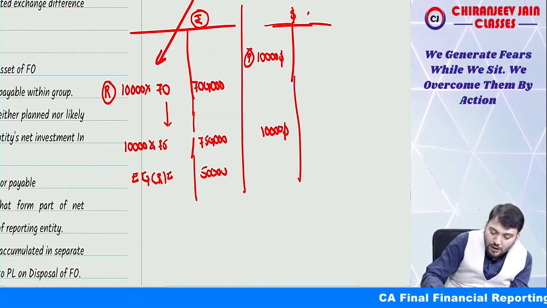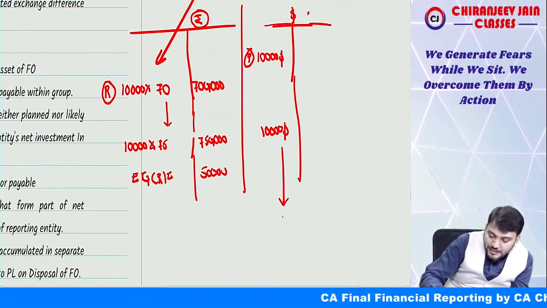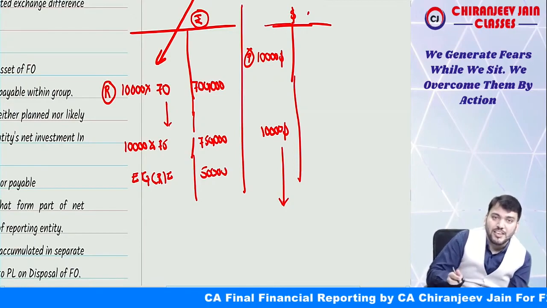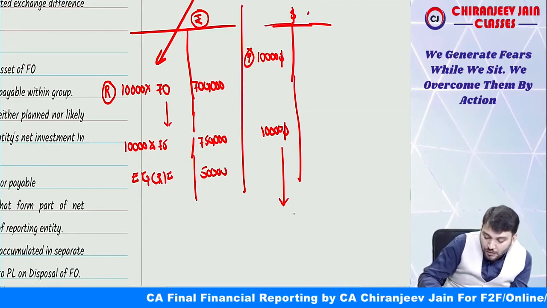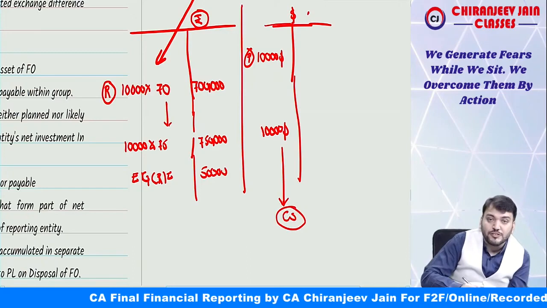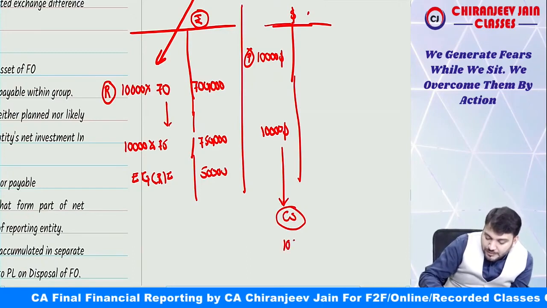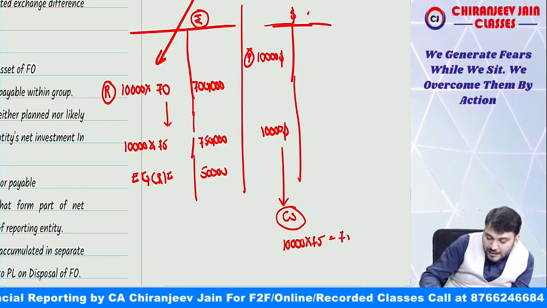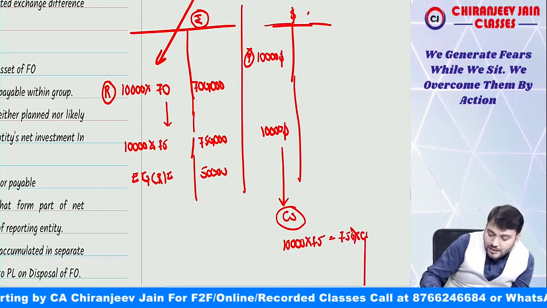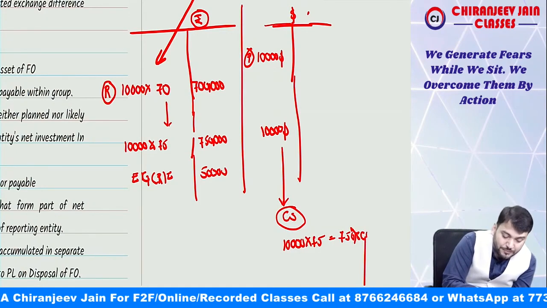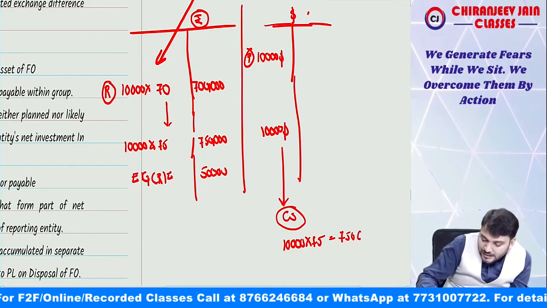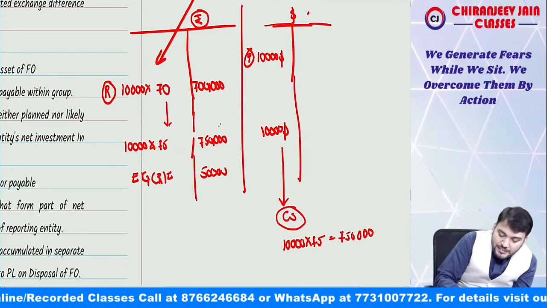This foreign operation will be translated into the functional currency of the parent entity. I hope you are understanding. This will be translated by using the closing rate, and it becomes 10,000 into 75, that is 7,50,000. Now in the consolidated financial statements, can I say this monetary item will be cancelled?